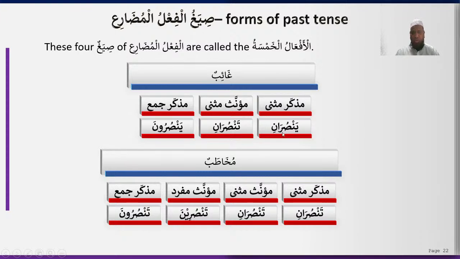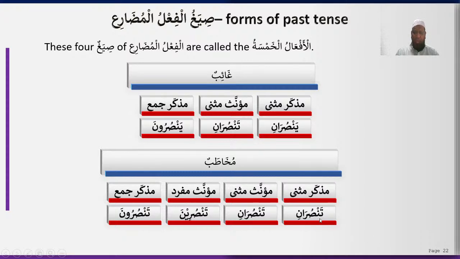So ينصران, this starts with the ya, that's 1. تنصران, both muthanna, but it starts with the ta, number 2. Number 3, ينصرون, jama mudhakkar. So 1, 2, 3.